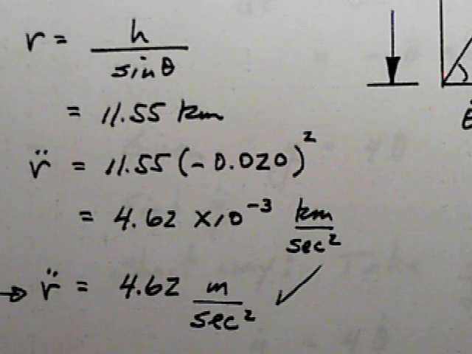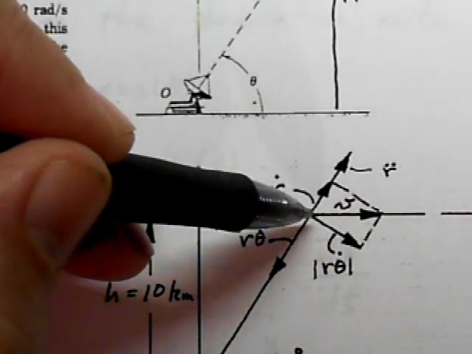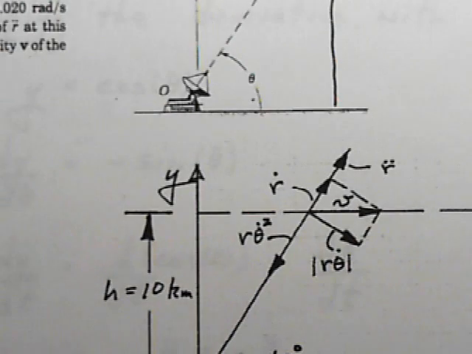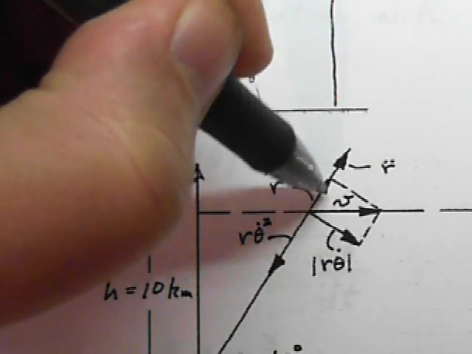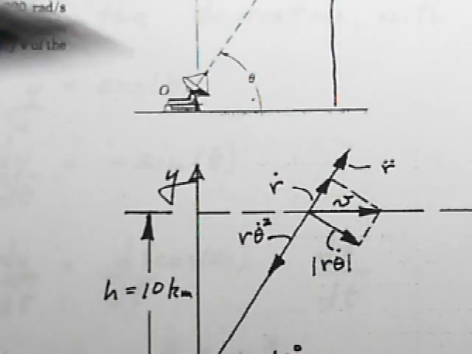Then the next quantity that was requested was velocity. And so, looking at our picture, we have velocity, and our velocity can be divided into two pieces: a radial direction piece and a theta direction piece.